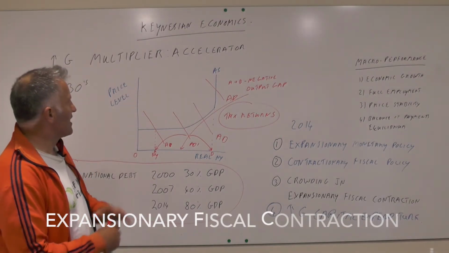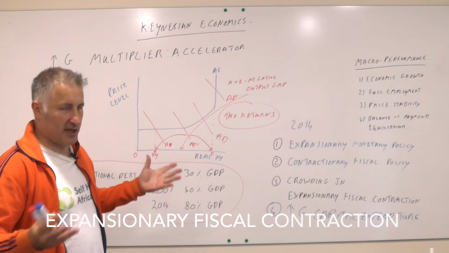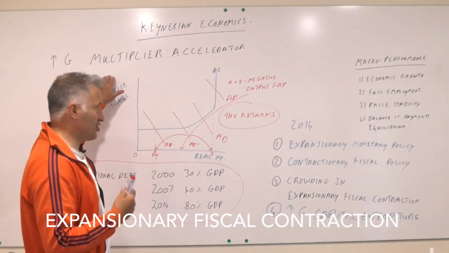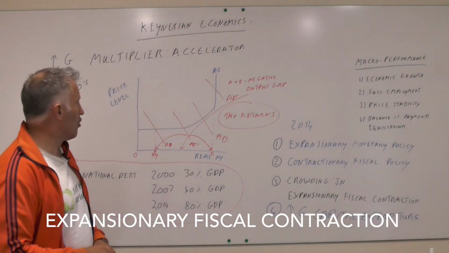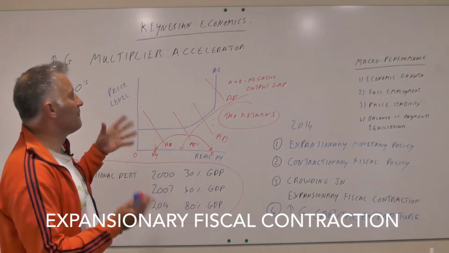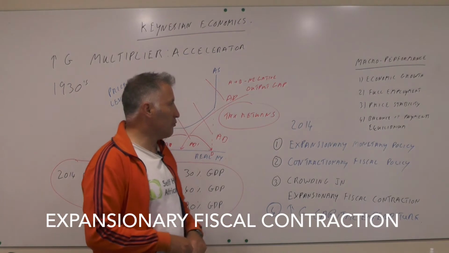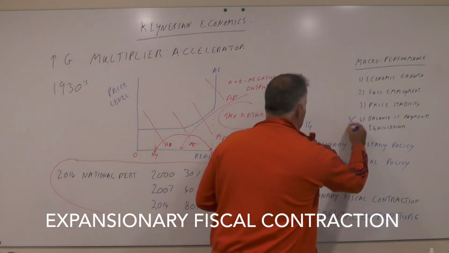So, however, Keynesian economics, and I'm being really cruel here by saying this is what Keynes gave us, but this is probably his biggest theory, is in a recession you increase G, multiplier accelerator takes off, which we've already spoken about in lesson 53. Multiplier accelerator takes off, it will improve the macro performance. The only one that's going to get worse is the balance of payments.